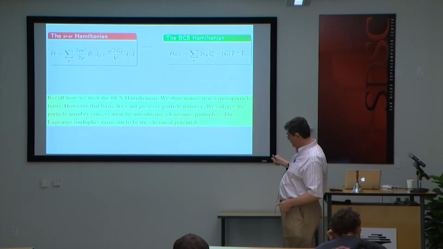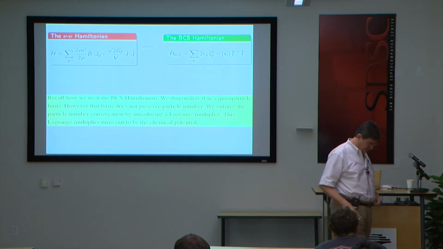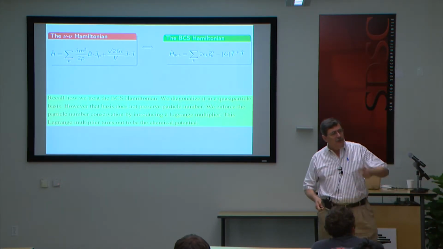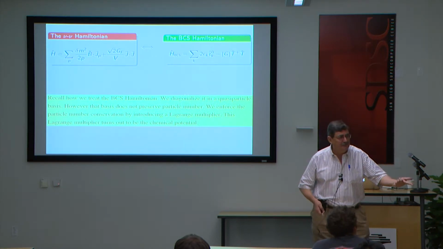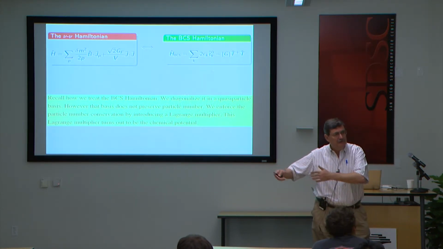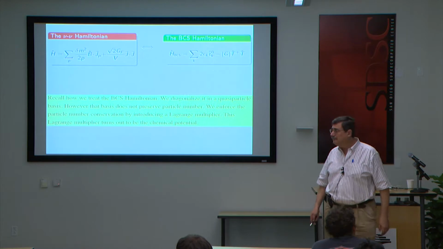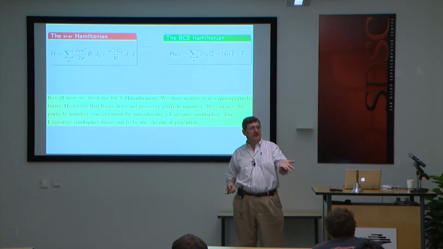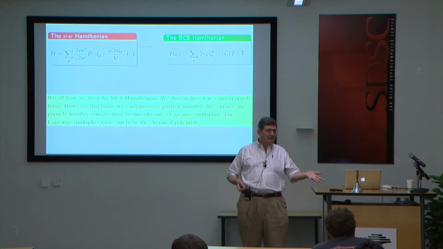But when you go to that quasi-particle basis, it doesn't conserve particle number. In order to conserve particle number, when you do the quasi-particle approximation to the BCS Hamiltonian, you introduce a Lagrange multiplier to enforce the particle number conservation. And that Lagrange multiplier turns out to be the chemical potential of the superconducting system.